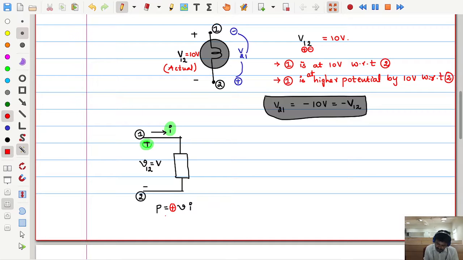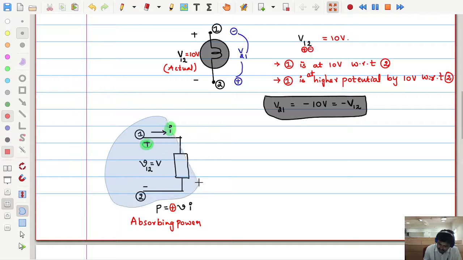If the power sign convention is positive, we say that this element is absorbing the power. The element will absorb the power when power is positive.